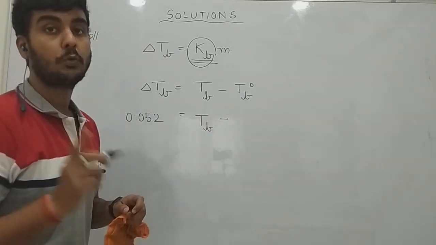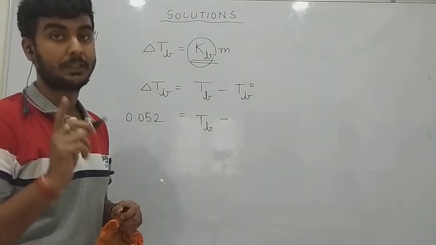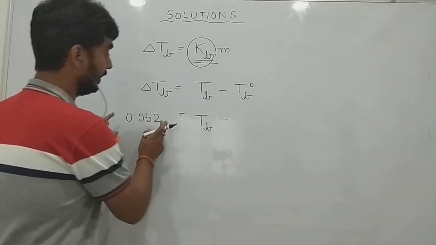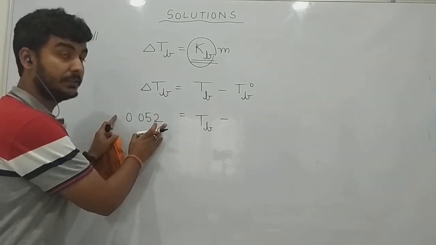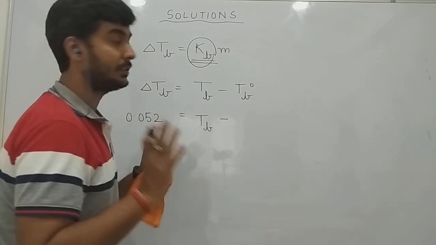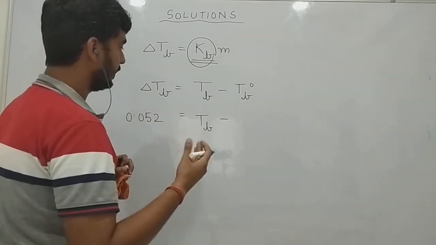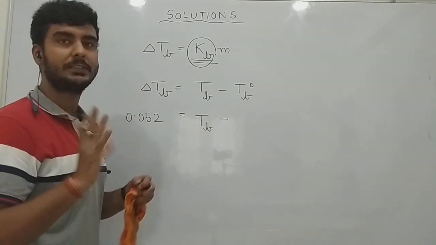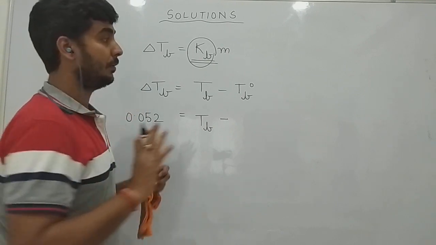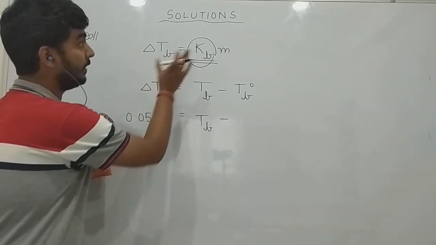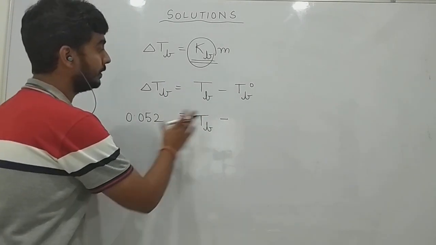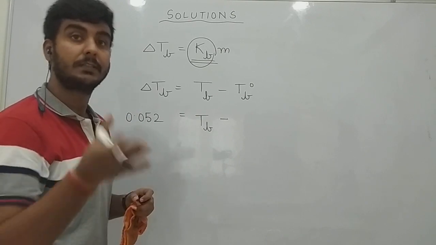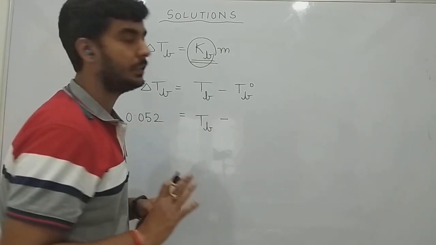the boiling point of solvent, the boiling point of water at 1 bar, that is 100 degrees centigrade, but we have to put it here in Kelvin. Temperature difference in degrees centigrade or Kelvin is the same, but since Kb is given in Kelvin, it is always better to provide the answer in the same unit which is given in the question.